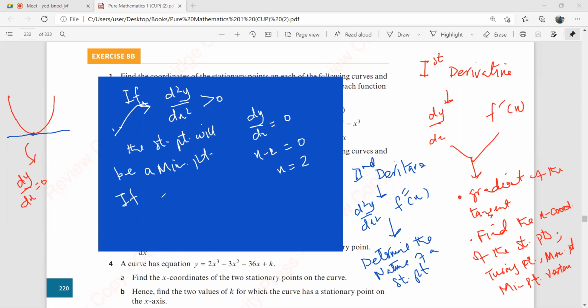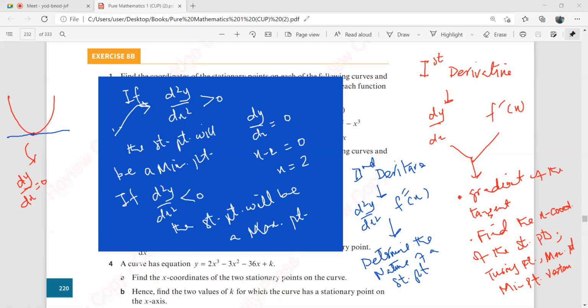And if your second derivative happens to be negative after you have substituted that value, okay, then the stationary point will be a maximum point, okay?